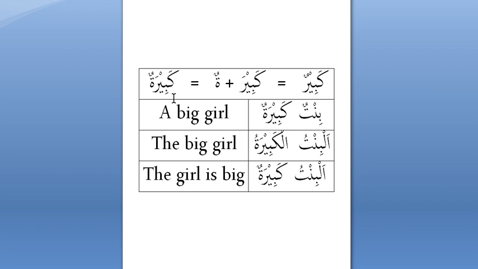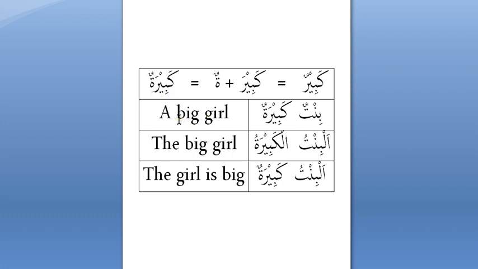So, according to the pattern, in kabirun, the dammatan is replaced by fatha, and a ta marbuta is placed after the word. Kabirun becomes kabira plus the ta marbuta, then it becomes kabiratun.